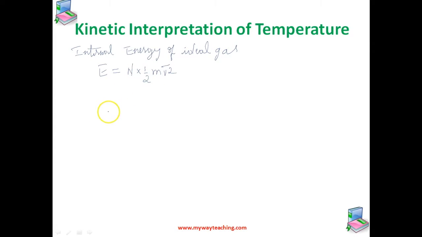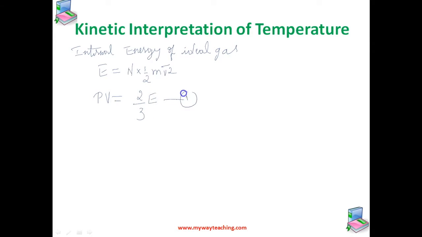Then we can compare this with the equation that we just studied before, and we get PV is equal to 2 by 3 into E, isn't it? So we are now ready for a kinetic interpretation of temperature.